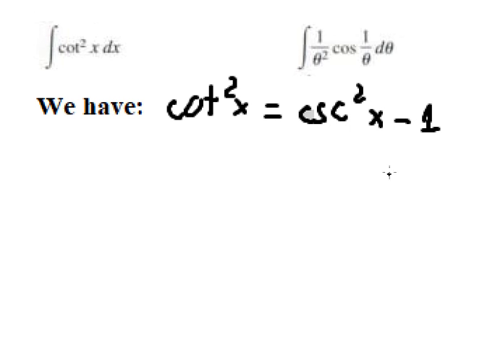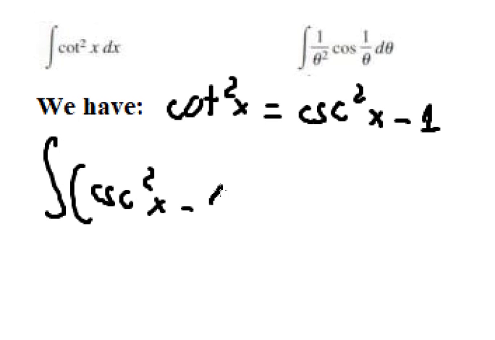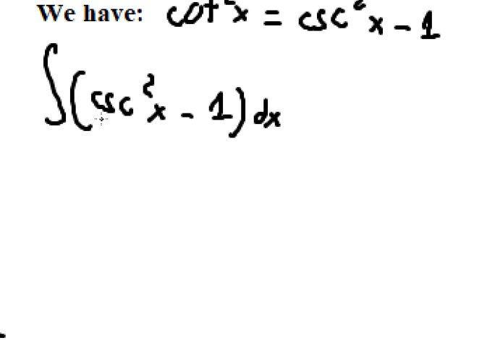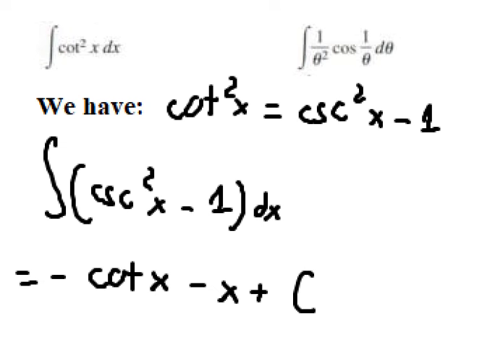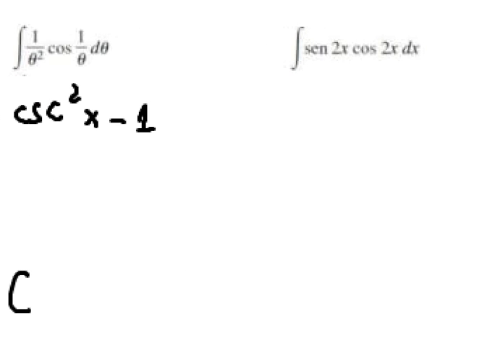Now we change this one into this one. So the integration of cosecant of s squared, we have negative cotang s. Number 1, that's about s, and I will put plus c. Now let's go to the next one.